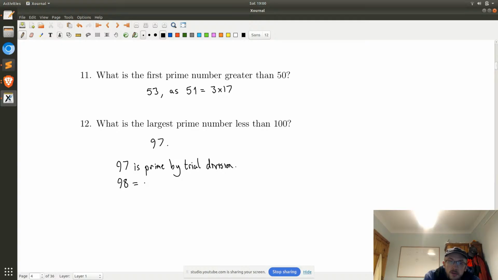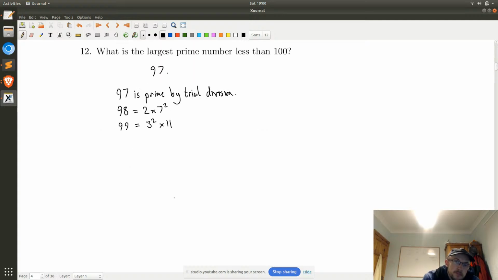98, obviously even. Nonetheless, for thoroughness, I'll just show you that it's 2 times 7 squared. And 99, obviously a multiple of 3, but nonetheless, it's 3 squared times 11. And now let's check.